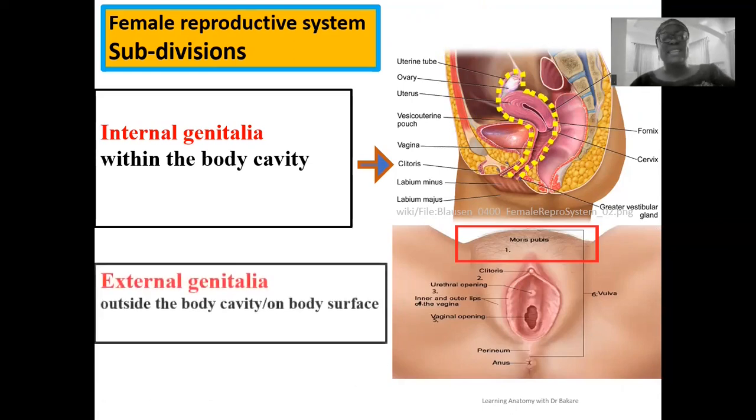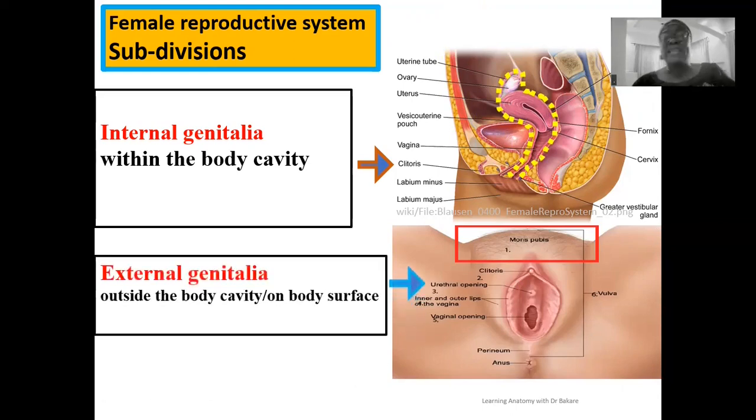Then we have the external genitalia, just also as the name implies, located on the outside. They are seen on the surface of the body around the perineum. So if you look at this image here, this is where we have the external genitalia. These structures here are also part of the female reproductive system, but are located outside the body. And that is why they are so named external genitalia.